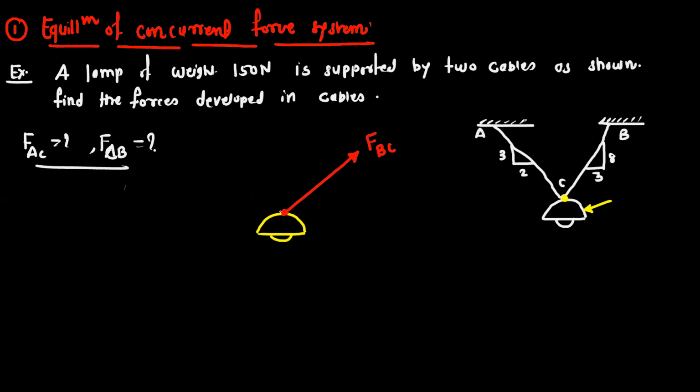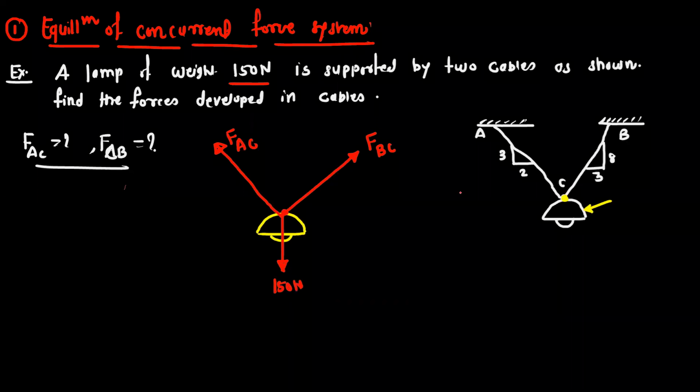Second force will be the force in the cable AC. And there is a third force on this lamp. It is the self weight. This weight will act exactly in the downward direction. So this is equal to 150 Newton, which is given in the problem.